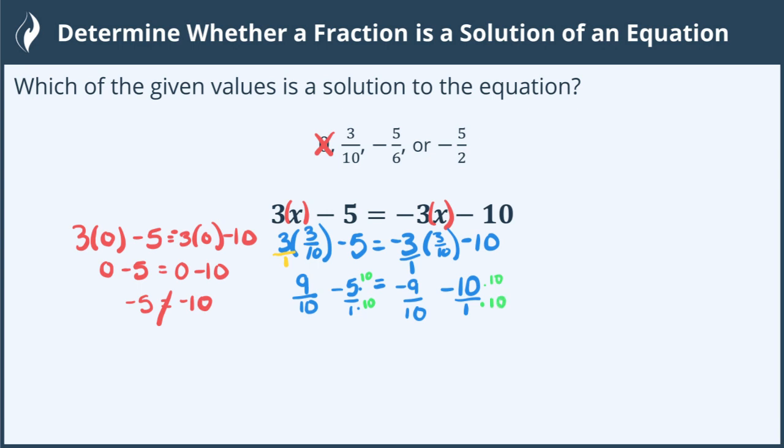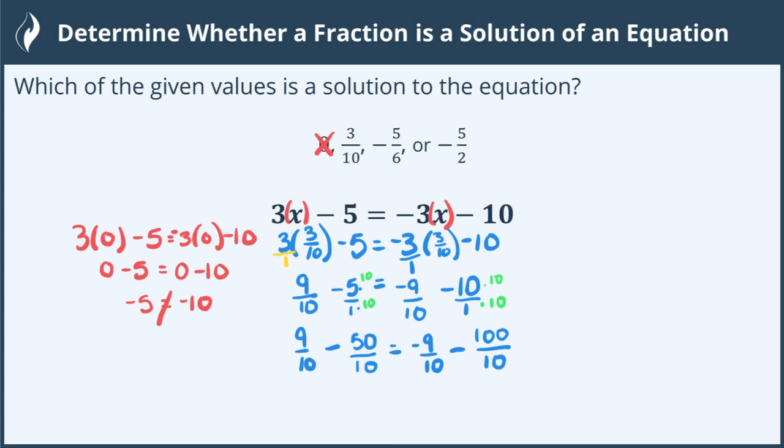So we end up with 9/10, subtract 5 times 10 here is 50. 1 times 10 is 10. Here we have negative 9/10, and we have 10 times 10, so subtract 100 over 10.